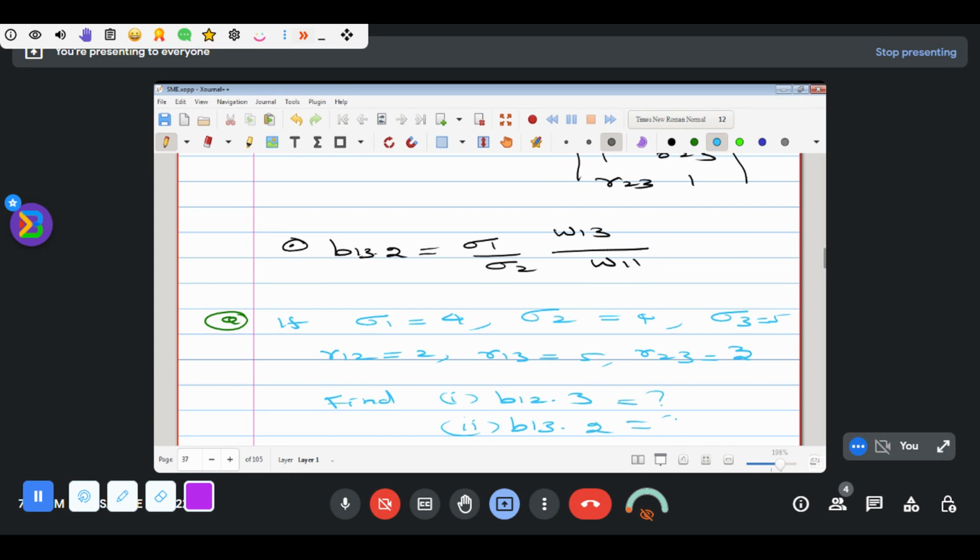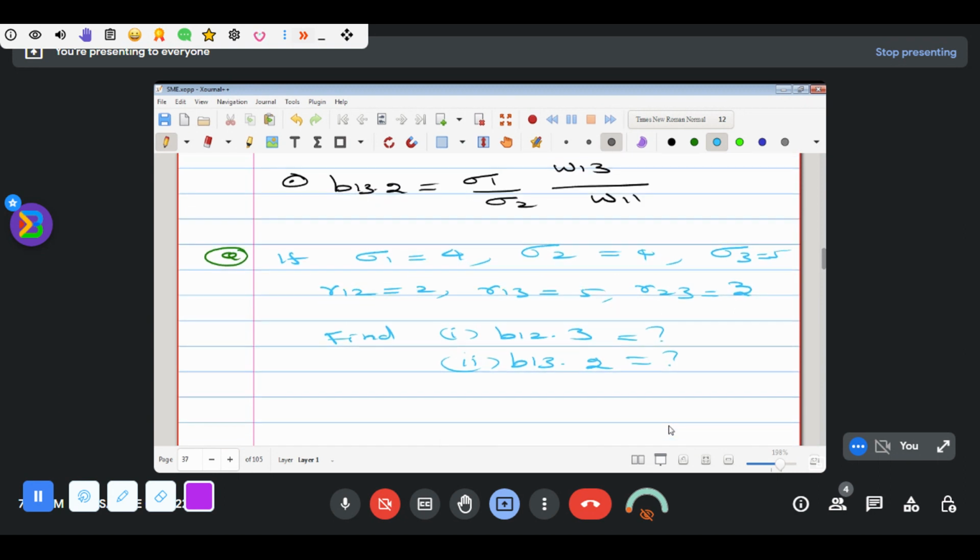Find the two values. All values are given. This is an 8 mark question, very important in your university question paper.